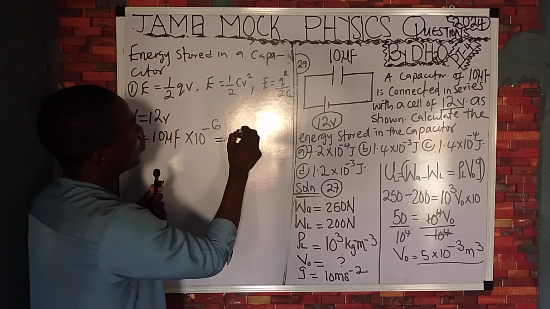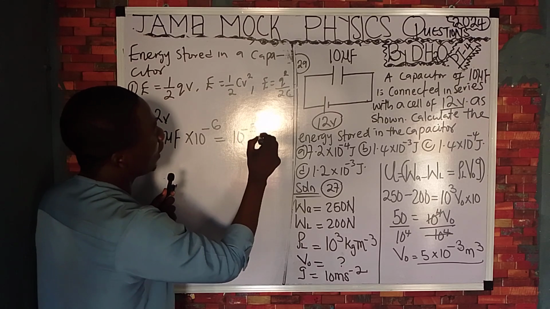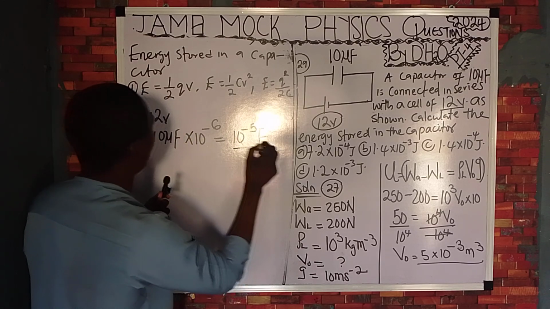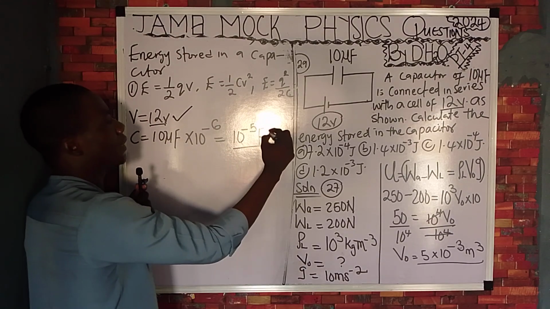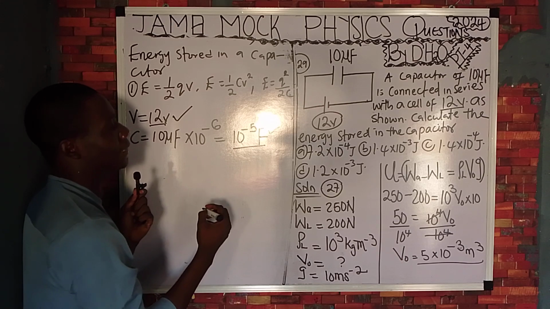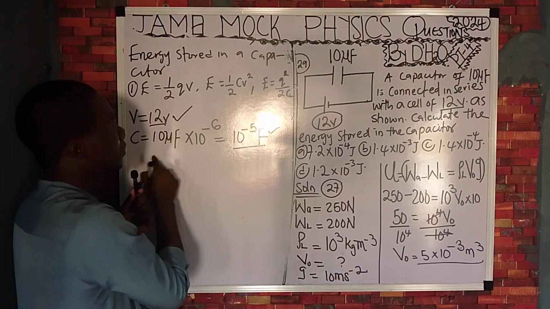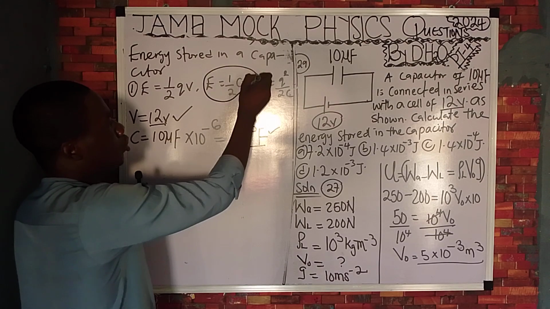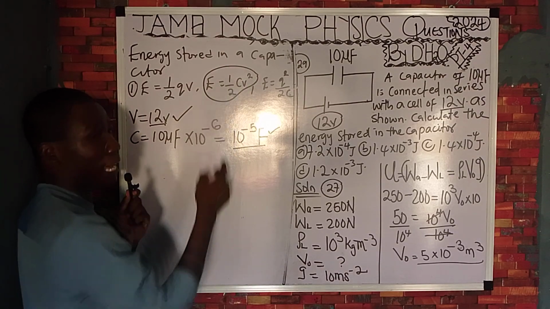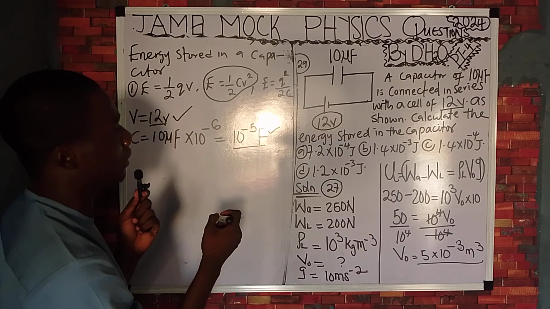That will give us 10 raised to the power of minus 5 farad. Why this is the volt. So if you see that you are given volts and your capacitance in farad, you check for the formula that will solve this problem. And I guess that the formula will be formula number 2 because it contains capacitance and your voltage or your potential difference.